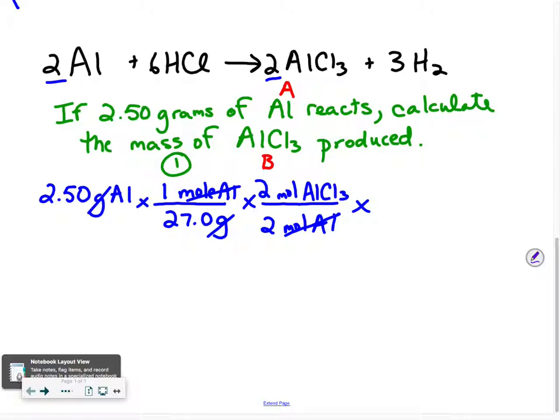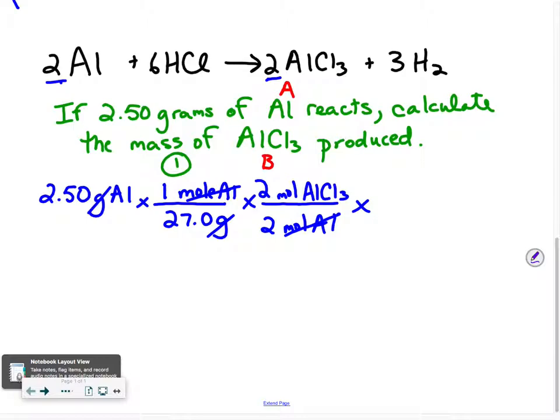Why was it 2? Because if we want the mole ratio of AlCl3 over moles of Al, we have to use the coefficients from the equation that go with both of those substances. All right, so we need the molar mass now of AlCl3. So we have 27 plus 3 times 35.5.